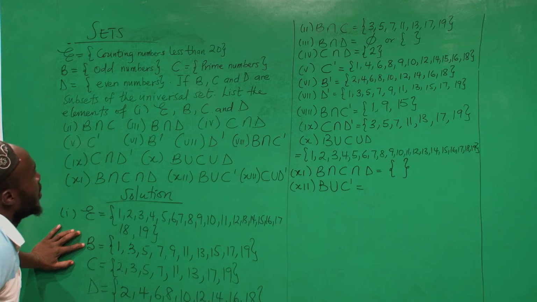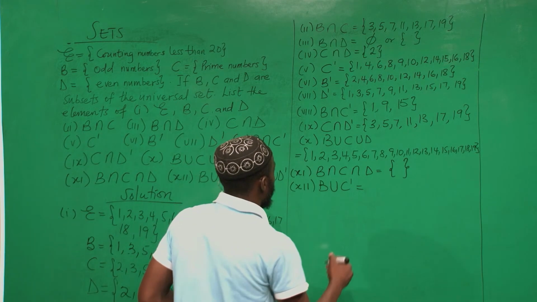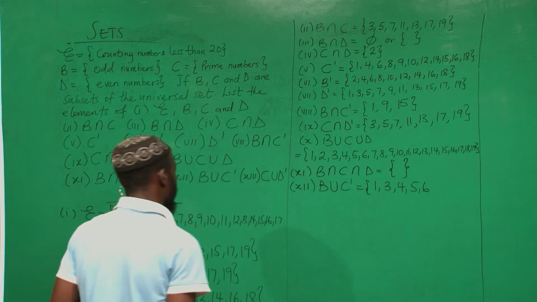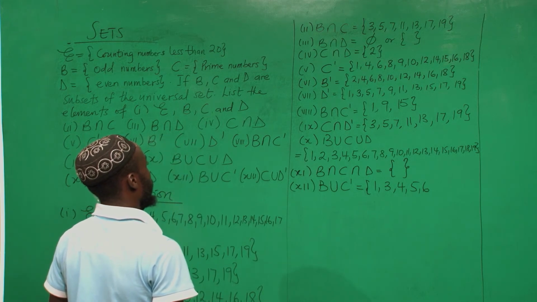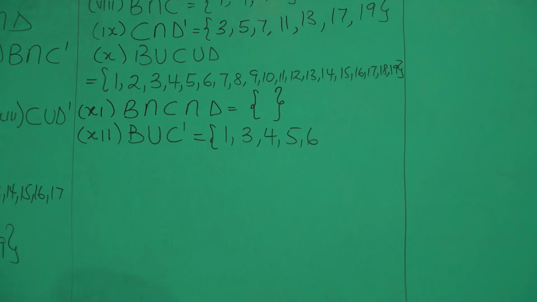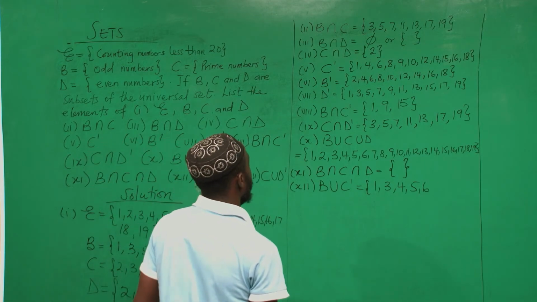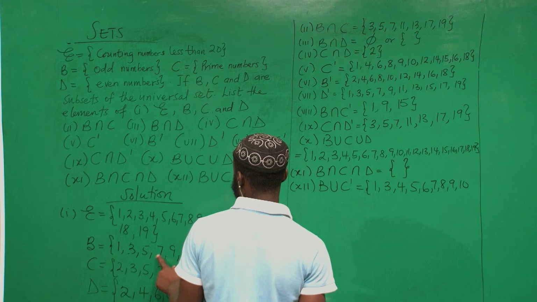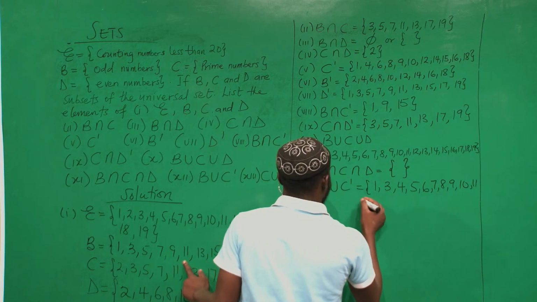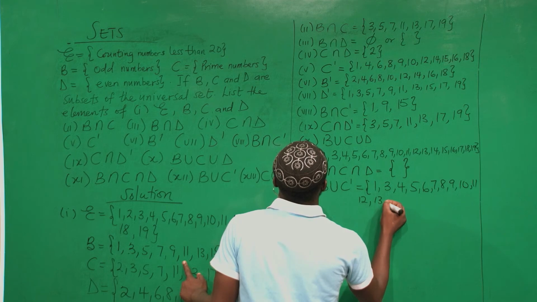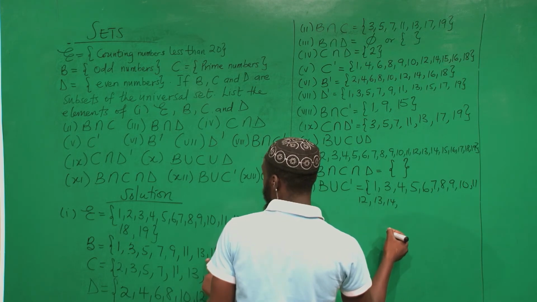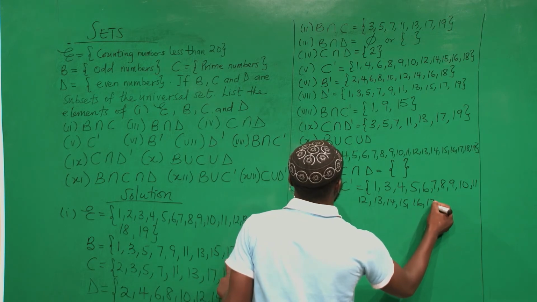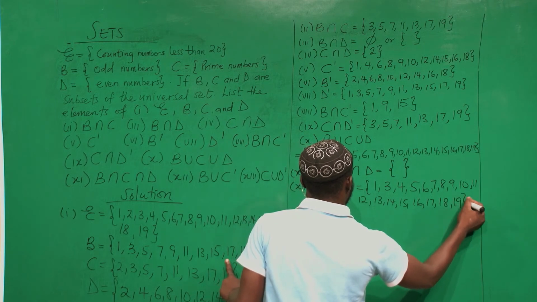So we have 1, 3, 4, 5, 6, 7, 8, 9, 10, 11, 12, 13, 14, 15, 16, 17, 18, and 19.